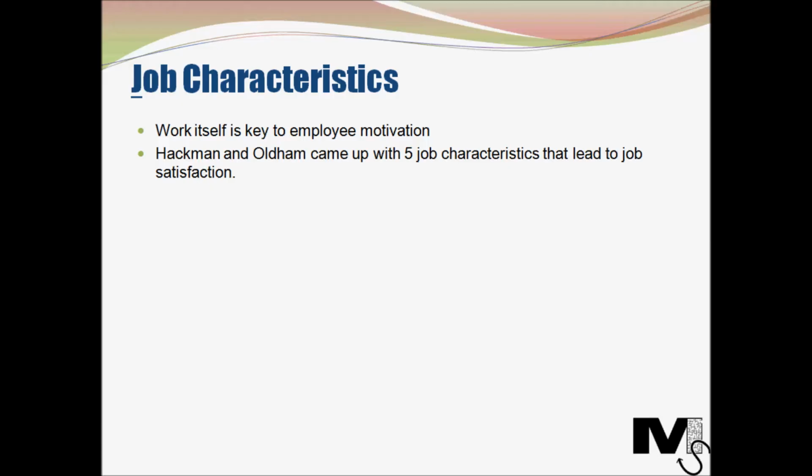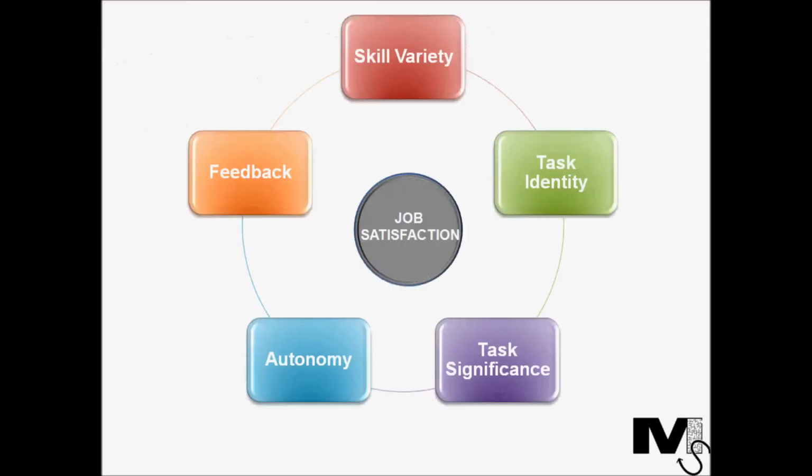Based on research conducted by Hackman and Oldham, they came up with 5 job characteristics that can actually lead to job satisfaction. Now let's look at the characteristics. They are skill variety, task identity, task significance, autonomy, and feedback. A combination of these characteristics will lead to job satisfaction.